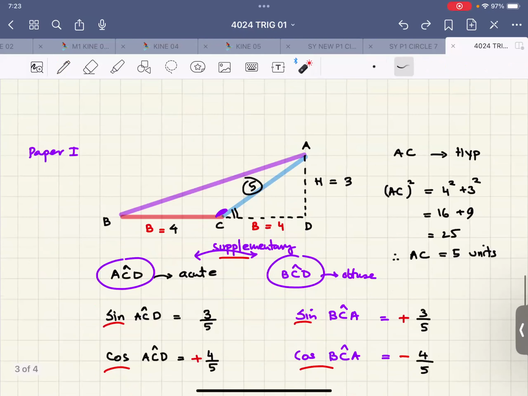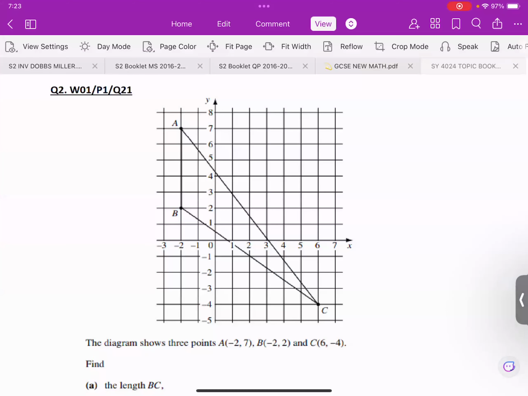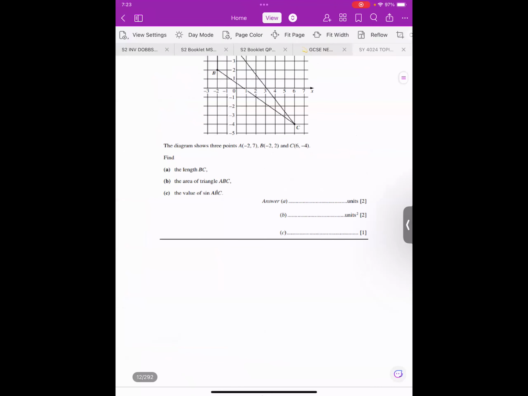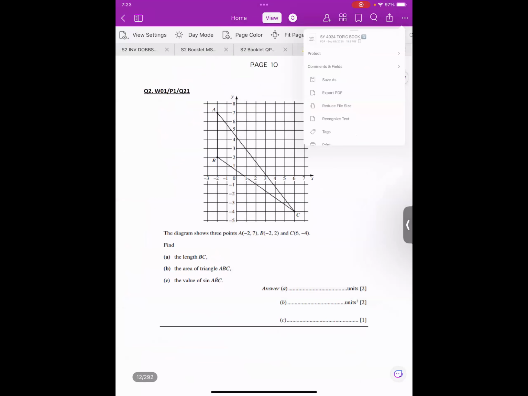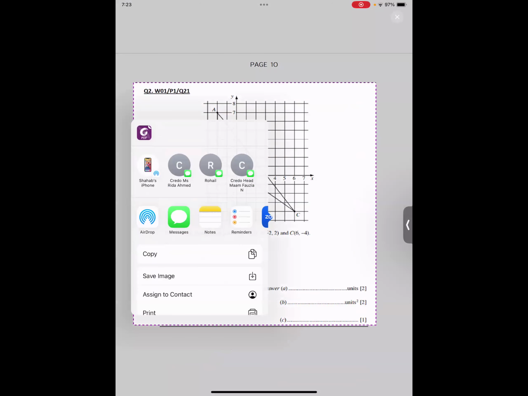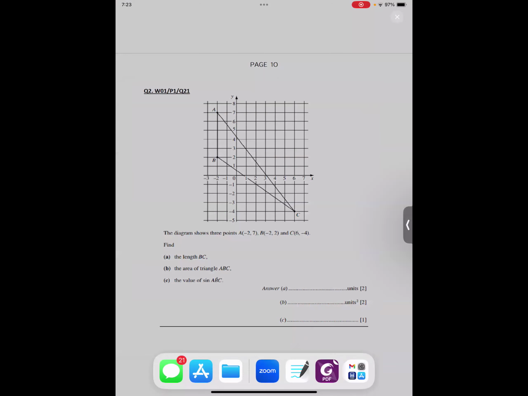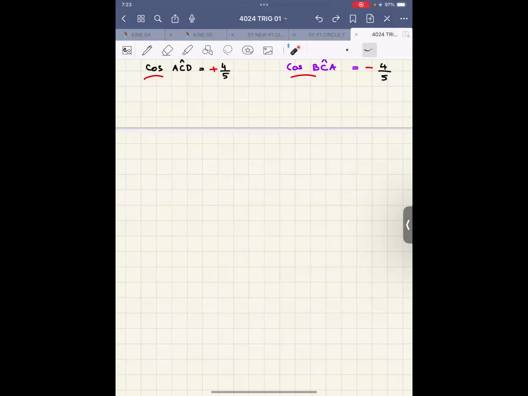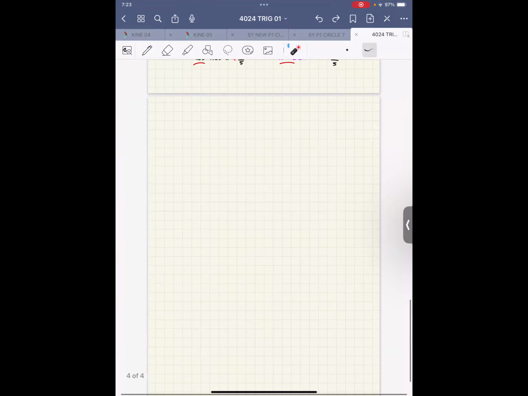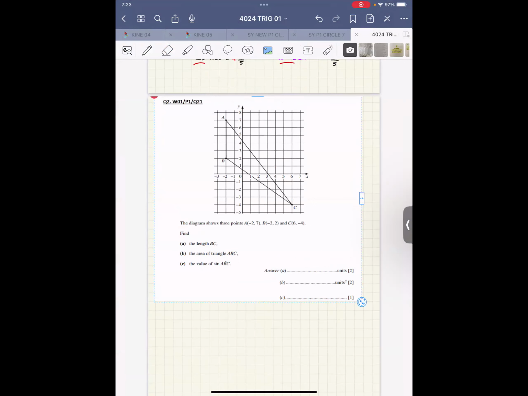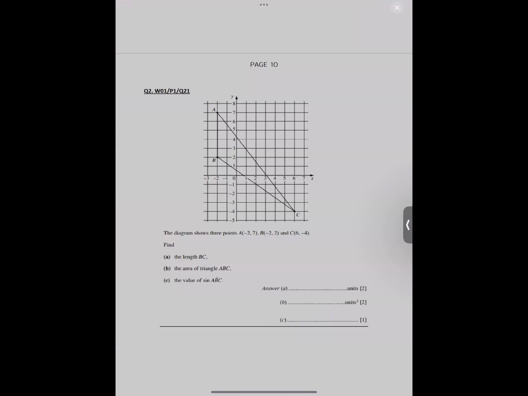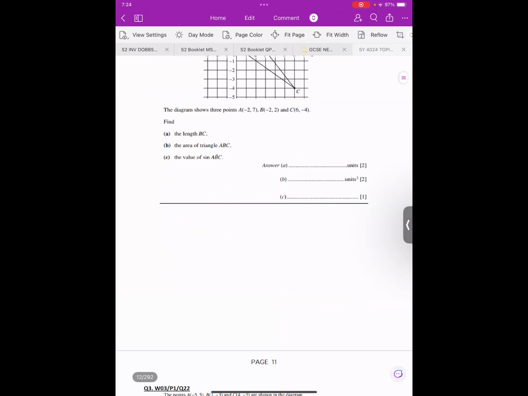Now, let me pick a question from here. And this question looks nice. So let me just capture it this way. Okay, this is the first question that I've pasted. Let me keep on pasting 1 or 2 other questions. This is same like that.